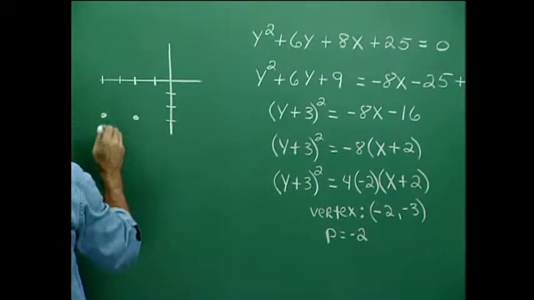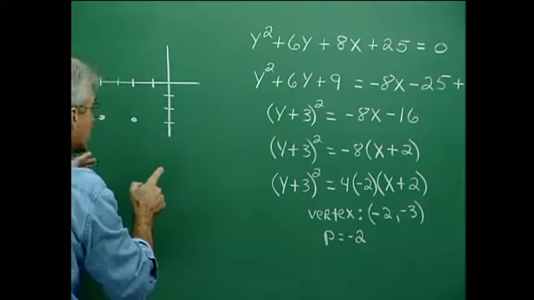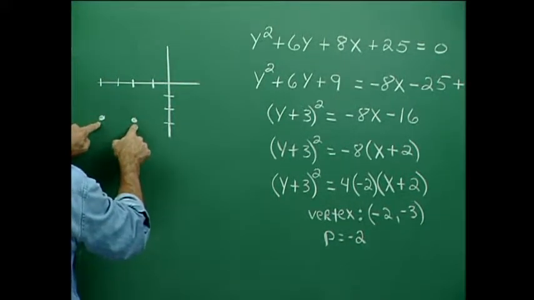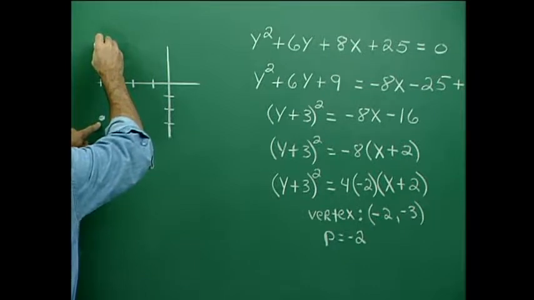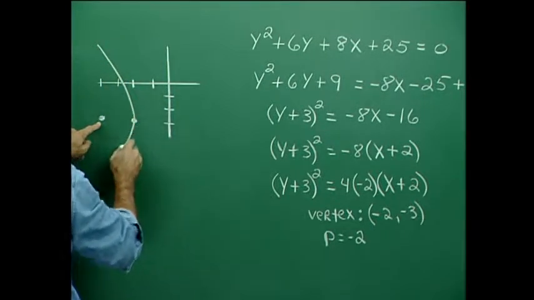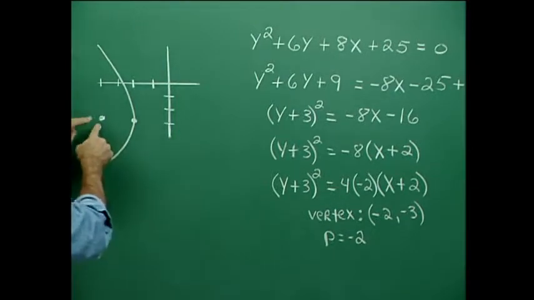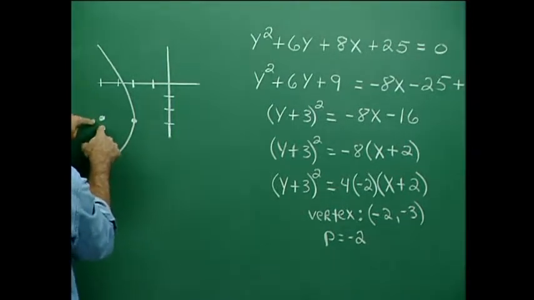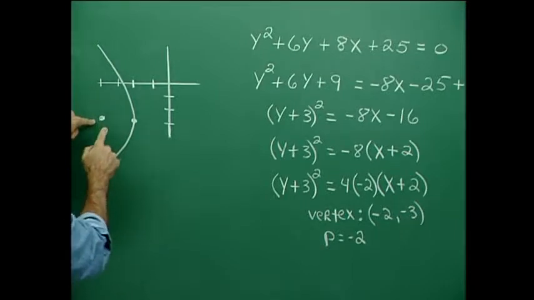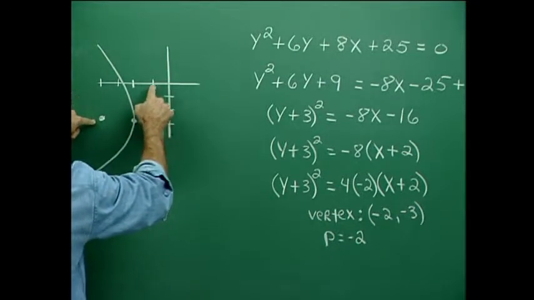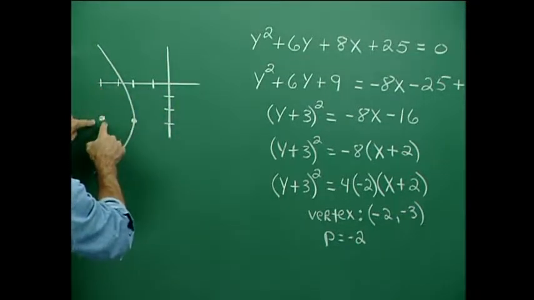All right, here we go. Now, the graph tends to wrap around the focus from the vertex, and so that graph maybe looks something like this. All right, now, what about the coordinates for our focus? That might be something that we would be after in a problem like this. And let's see, it would be negative 1, 2, 3, 4, and then down 3.